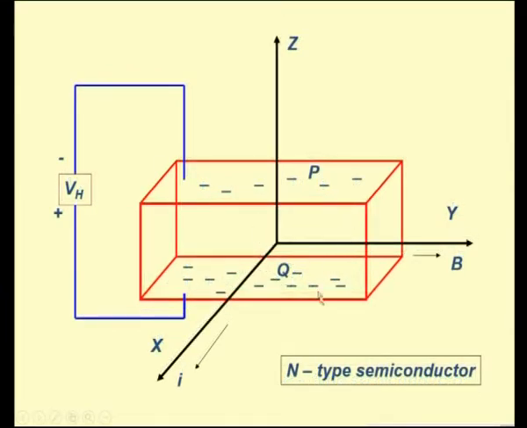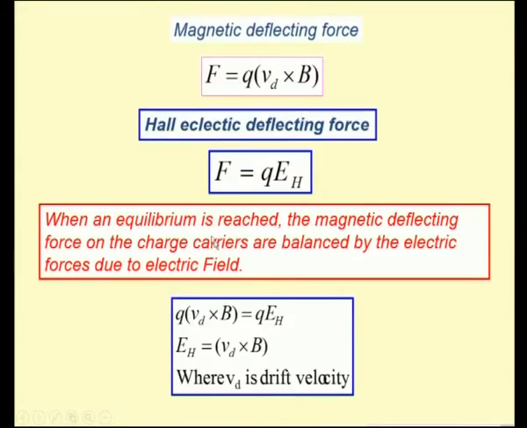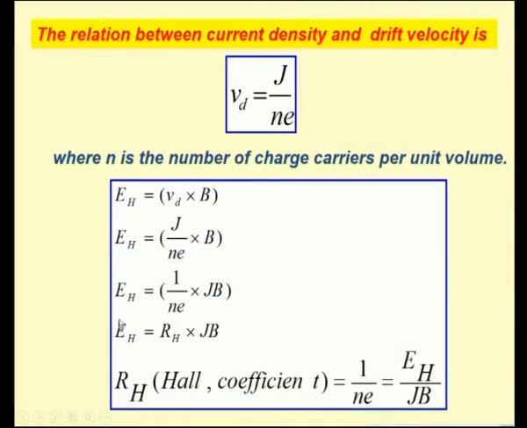This is for n-type, and there is a theory for studying this phenomenon. The theory gives an expression for the Hall field, that is, the Hall voltage and the corresponding Hall electric field, and the relationship is obtained as EH equal to RH multiplying J into B, where J is the current density flowing and B is the magnetic flux applied.